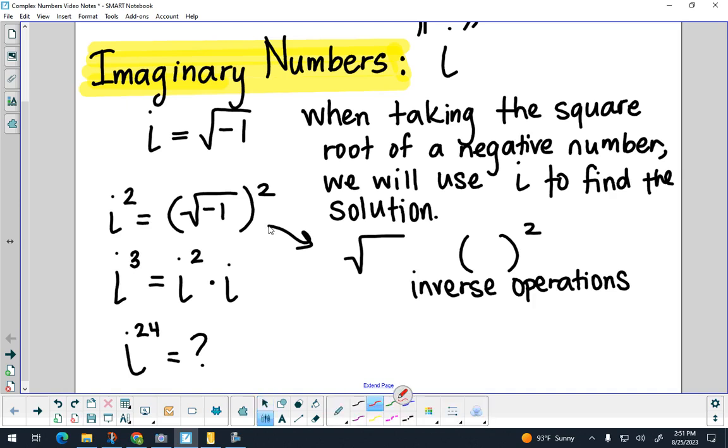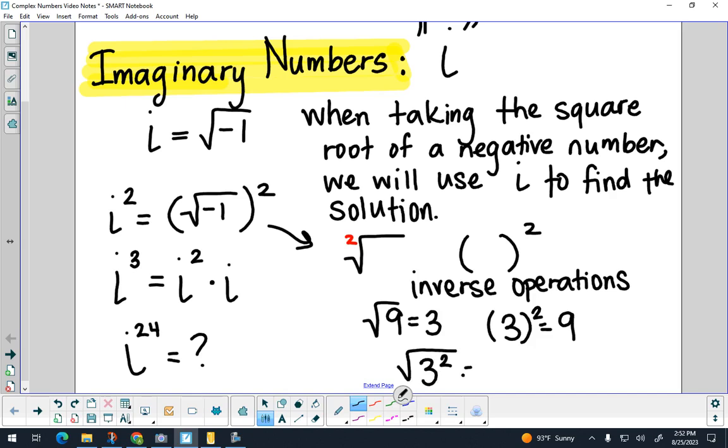Why? Because back when you learned what a square root was, they told you there was an imaginary 2 there. So for example, I know that the square root of 9 is 3, and I know that 3 squared is 9. So if I want to say, what is the square root of 3 squared? Well, then that will be the square root of 9, which is 3. So they're opposites of each other. They essentially cancel each other out. So this will be canceled out with this.